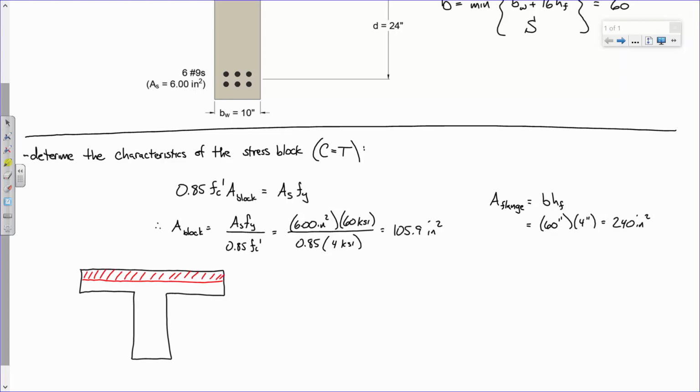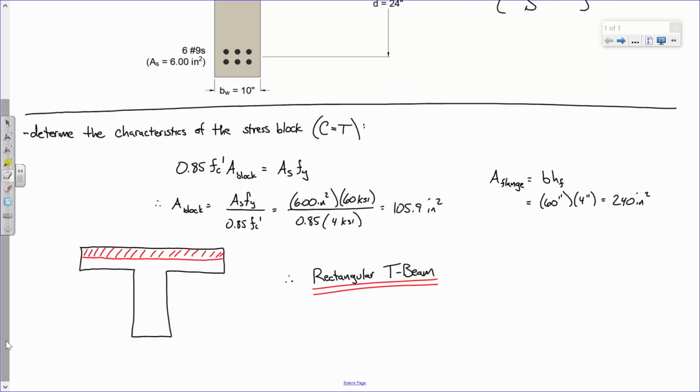Because the area of the block is less than the area of the flange, this beam is a rectangular T-beam. I really want to make sure that makes sense.